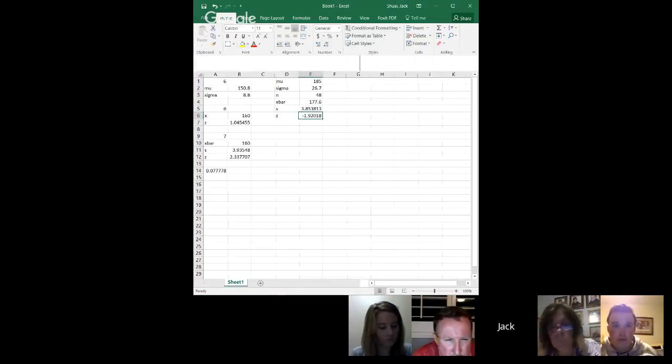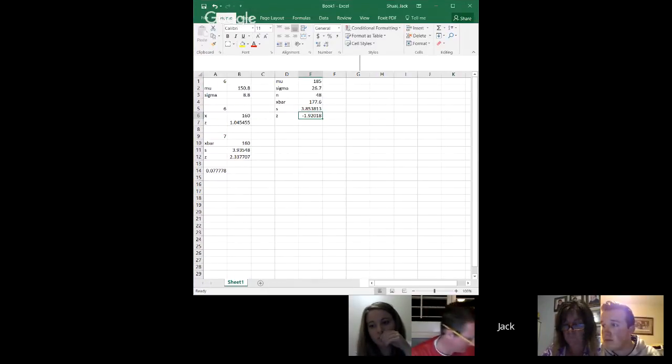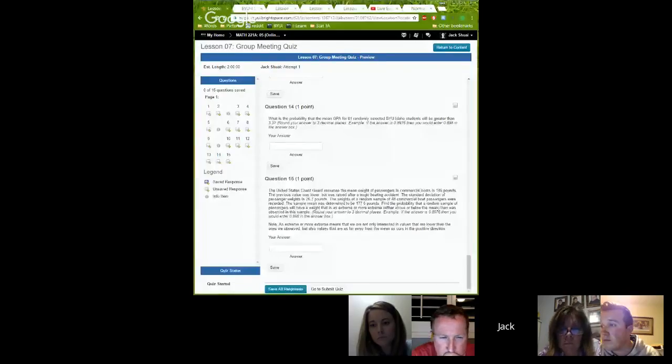Now what it's asking is, find the probability that a random sample of passengers will have a weight that is as extreme or more extreme.